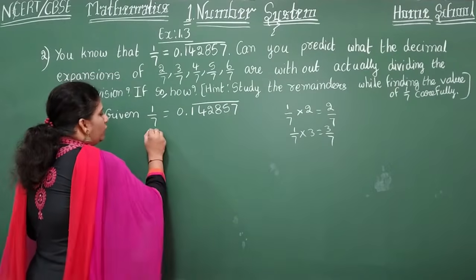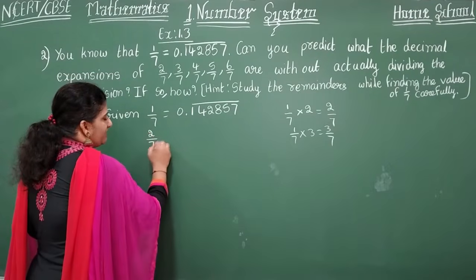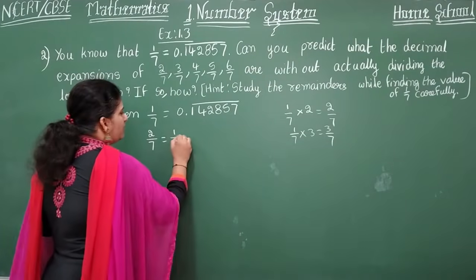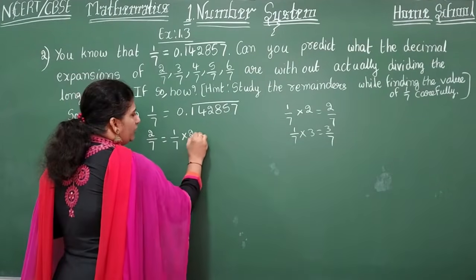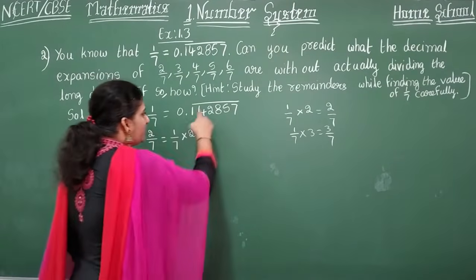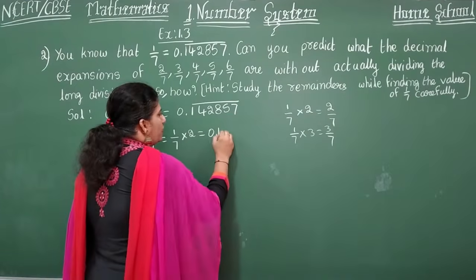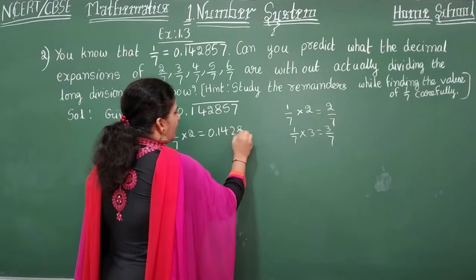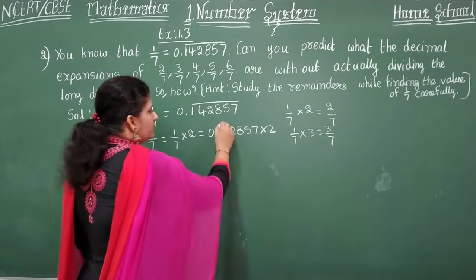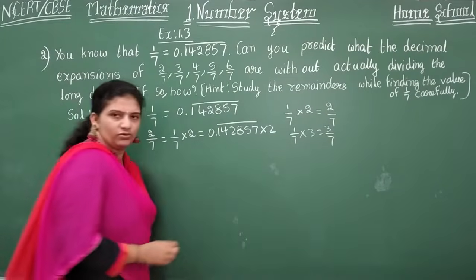So now you need to find 2 by 7, children. What I told you, 2 by 7 means 1 by 7 into 2 makes 2 by 7. Right? What is the 1 by 7 value here? 0.142857 into 2. The bar, as it is, you need to take.